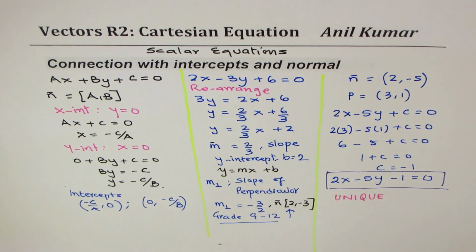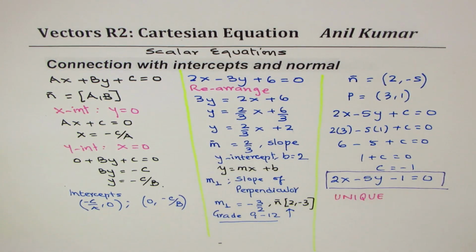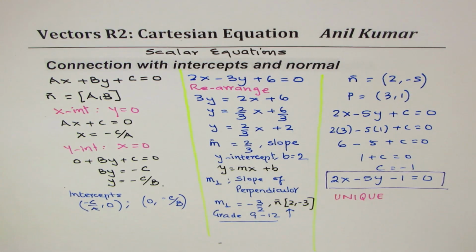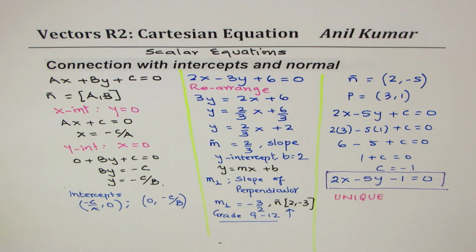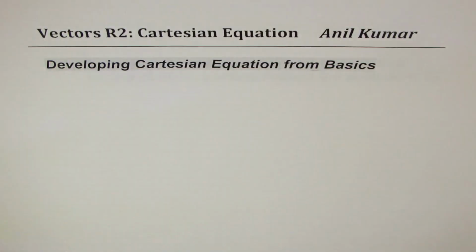Now, let us look into derivation of this. We just took few examples and kind of vaguely understood what this Cartesian equation is and what A, B, C could be, right?